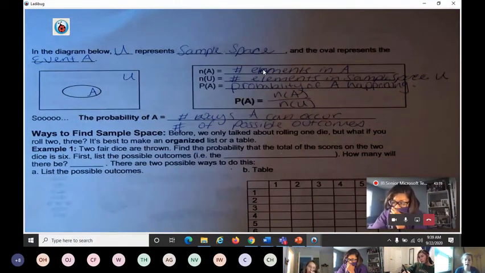Okay, so then we have ways to find the sample space. Before, we only talked about rolling one die, but what if we roll 2 or 3? It is best to make an organized list or table. So in example 5, we're going to go through an example of this. It says 2 fair dice are thrown.